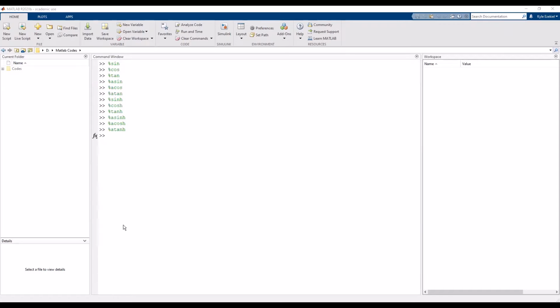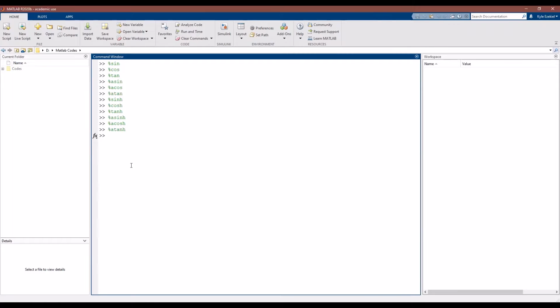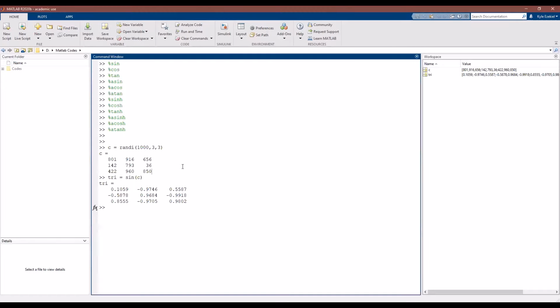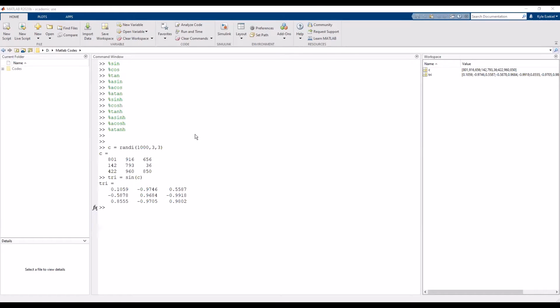Okay. So for example, let's try including it inside a matrix. For example, this one, I want to get the sine of C. Okay, so there we go. Since these are radians, I would get the sine of a radian value.